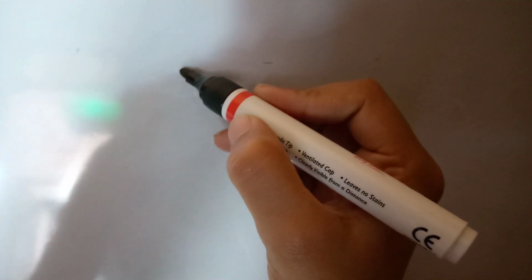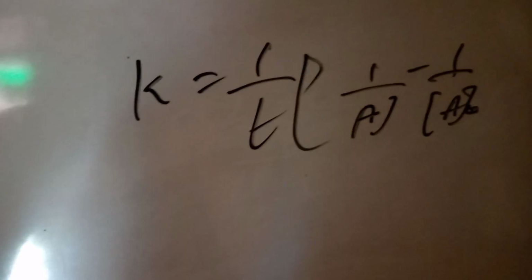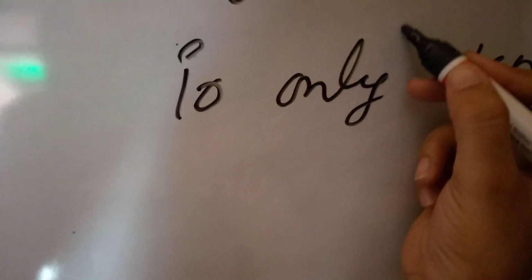And for second order reaction, k = (1/t)(1/A - 1/A0). What is an elementary reaction? The reaction which is completed in only one step. This is called an elementary reaction.